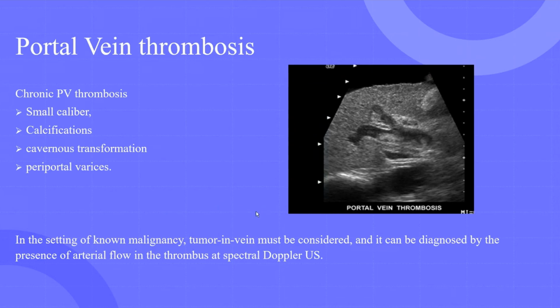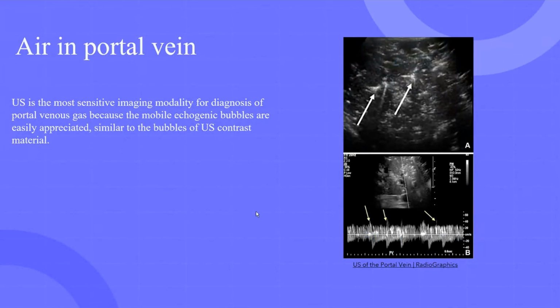So next will be air in the portal vein. Ultrasound is a more sensitive imaging modality for diagnosis of portal venous gas because the mobile echogenic bubbles are easily appreciated, similar to the bubbles of ultrasound contrast material.